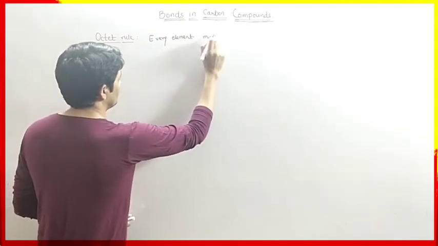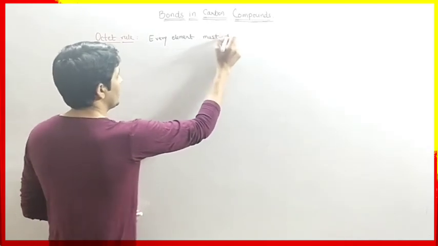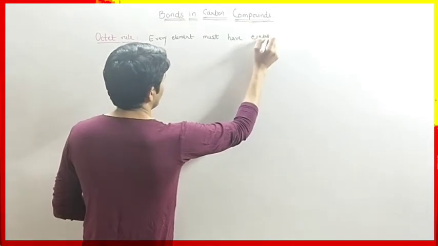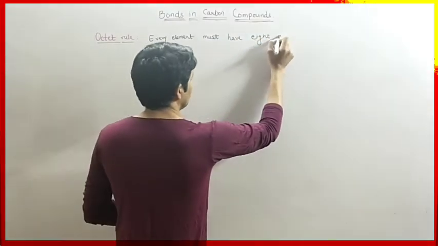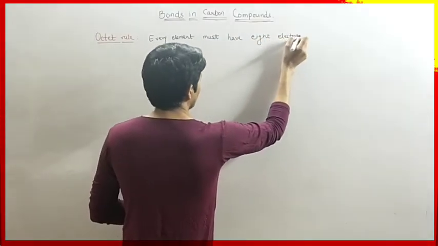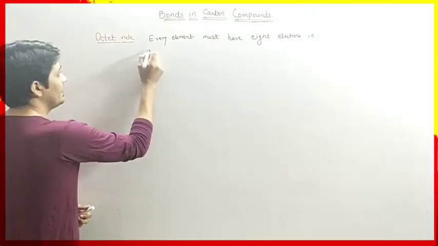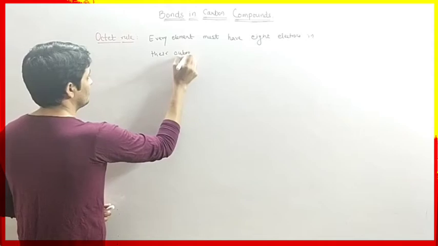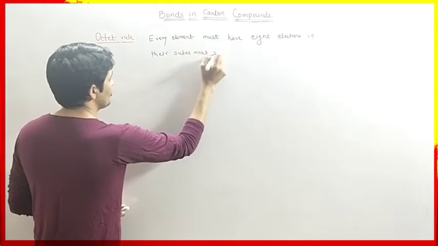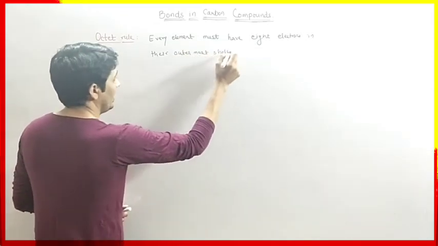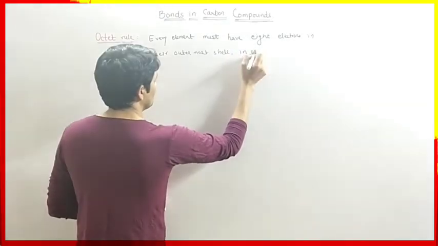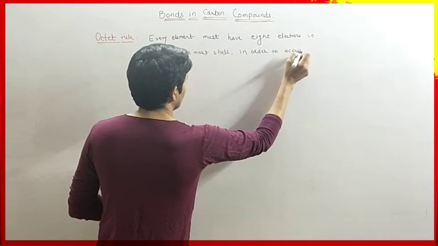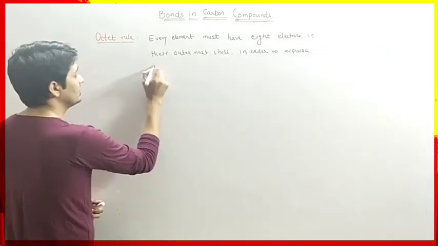must have 8 electrons in their outermost shell in order to acquire stability.